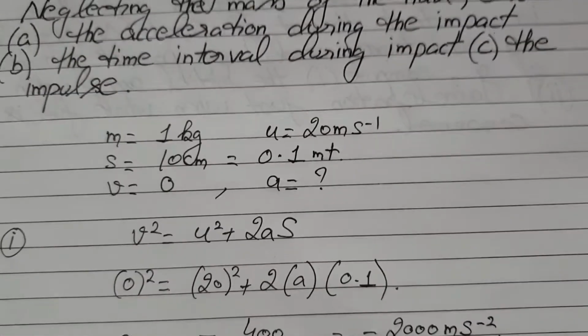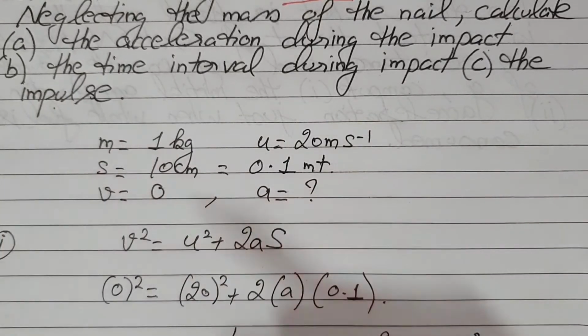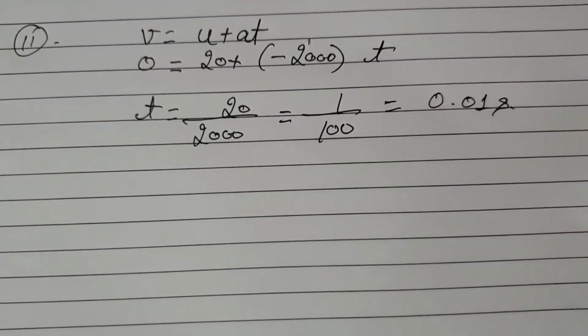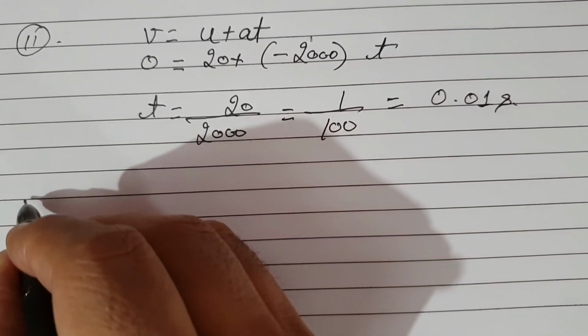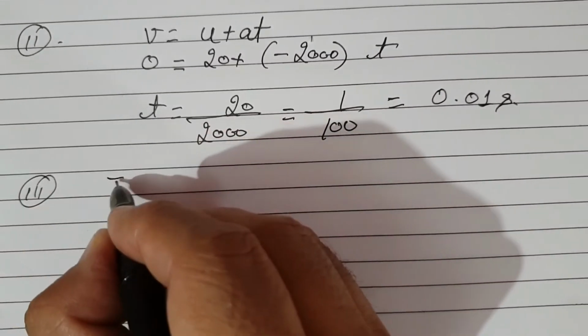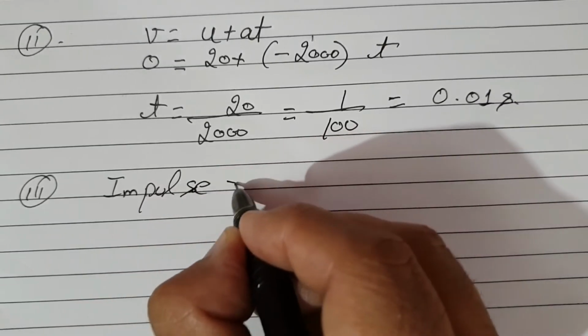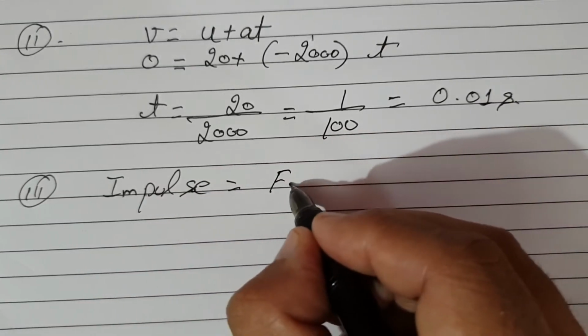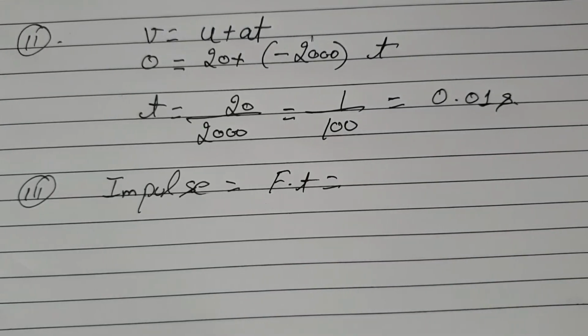Now the C part was the impulse. So the third part, which is the C part, impulse, is basically F into t. And now we know that impulse is the change in momentum.